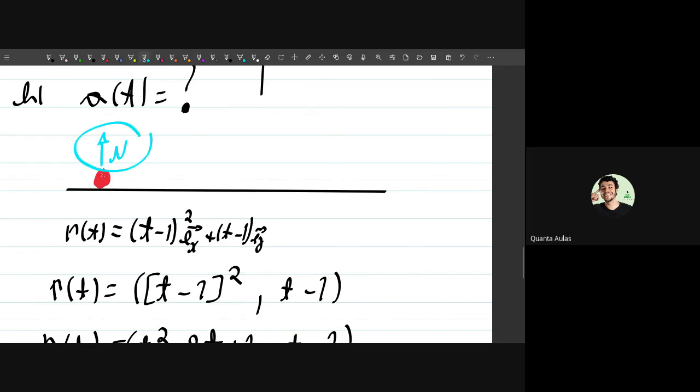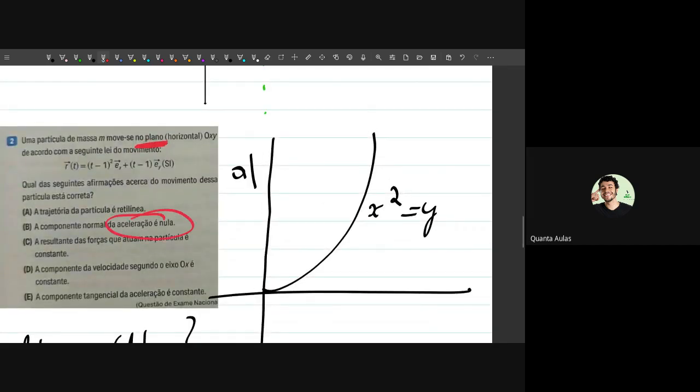Normal is perpendicular to your basis. The normal component in this situation is the y-axis. So if the problem asks you about normal acceleration, in other words, the question is about y acceleration.